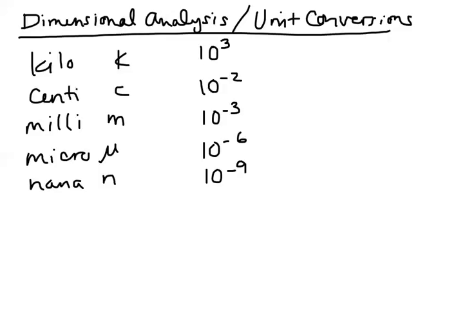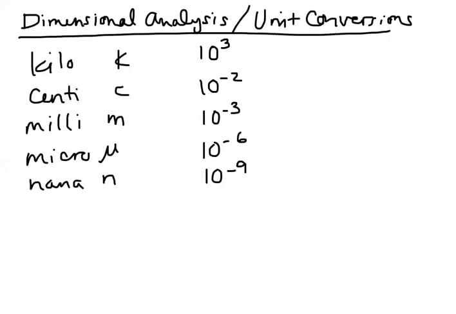It's important that you understand these in terms of conversions. And what I mean by that is that a kilo is 10 to the third. So a kilogram is 10 to the third grams. But 1 gram is equal to 1/1000th of a kilogram, so 10 to the minus 3, and I'll write that out.